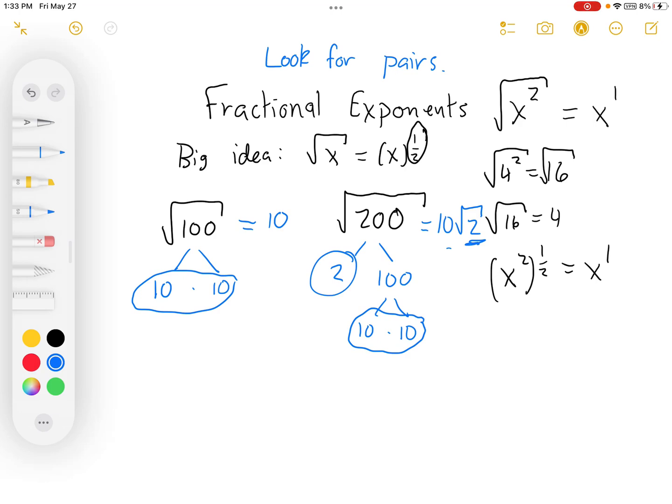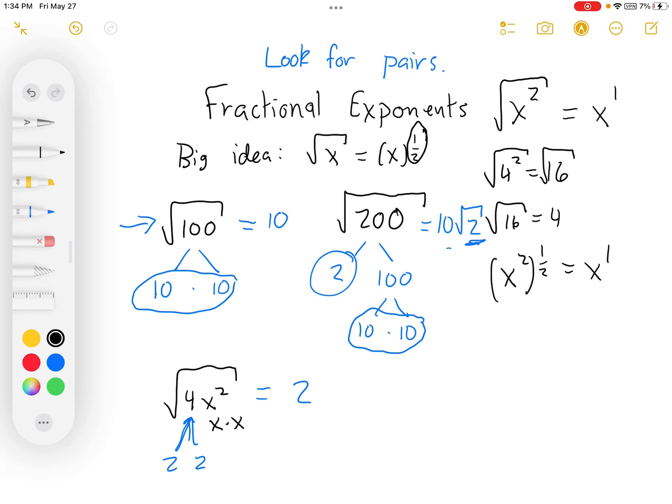What this lesson is about is this works the same way with variables. So for example, if we had something like 4x squared underneath a radical, we could do the same thing we just did up here with the number. Take 4, split it into 2 times 2, put a 2 on the outside of the radical, but we could do the same thing with x squared. So for example, let's go ahead and split x squared into x times x.